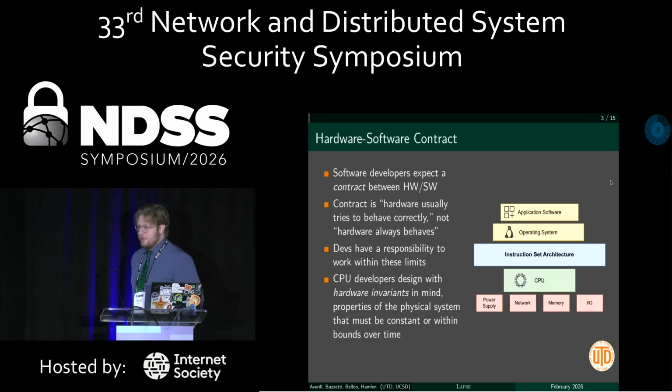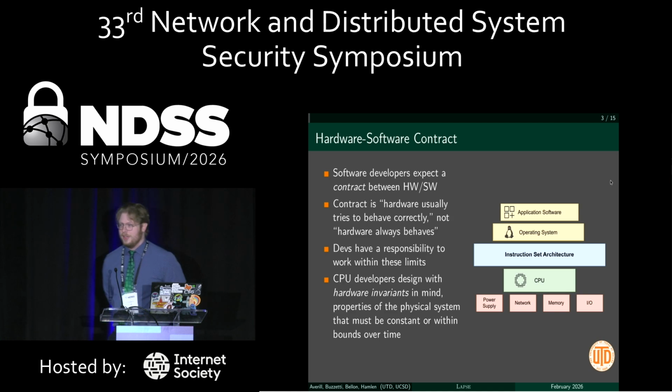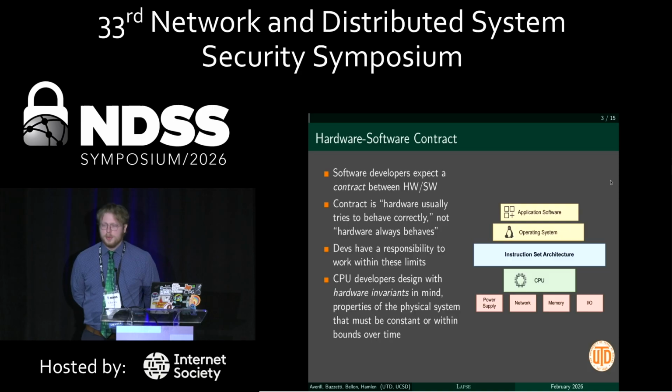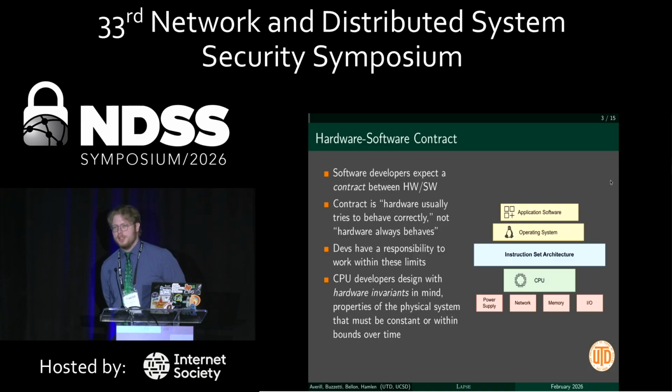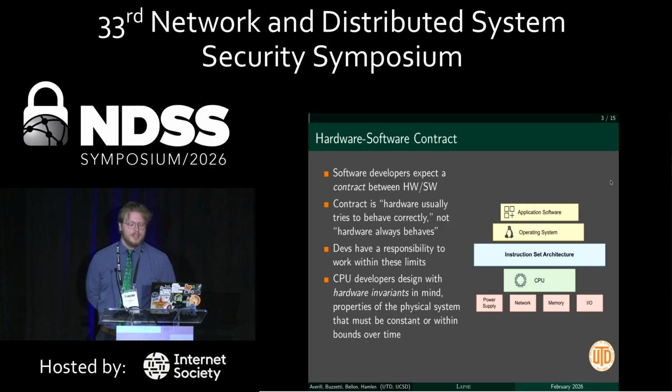Now, as software developers, we tend to think that the hardware is supposed to do what we think it does, according to the ISA, where we run an add instruction, it adds two numbers together. But it's not always going to do what we want. Actually, the contract that we have reads something more like: hardware is going to try to behave correctly if the right conditions are present.